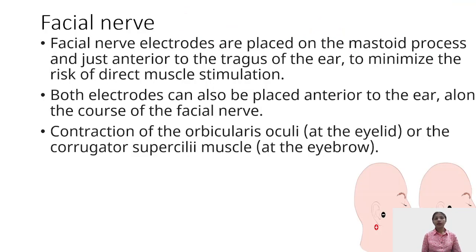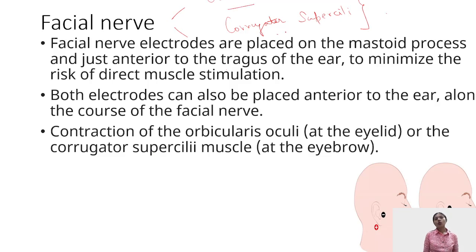Then the facial nerve is used to stimulate two muscles. One is the orbicularis oculi and second is your corrugator supercilii. These are the two muscles which get stimulated. In this, the electrodes are put either on the course of the facial nerve itself, or one is put behind the mastoid process and one in front of the tragus.